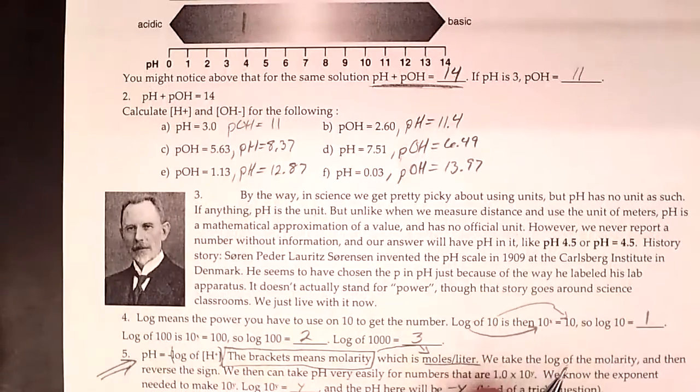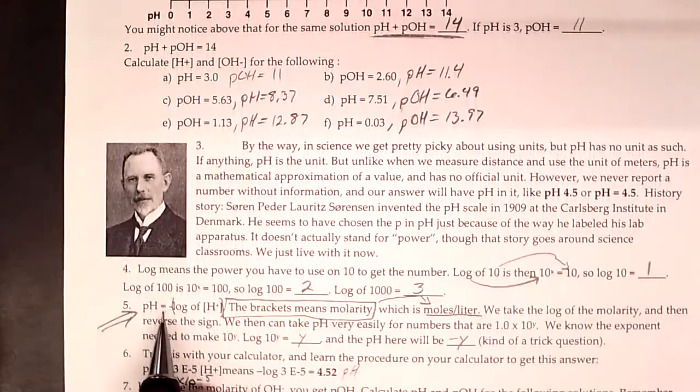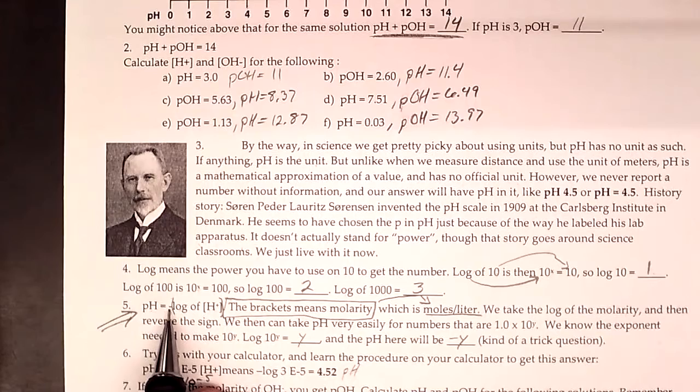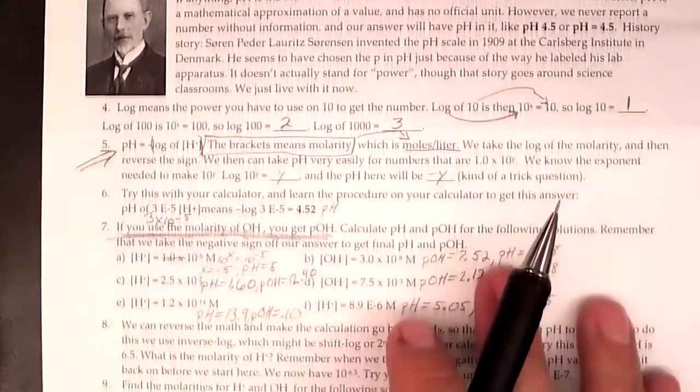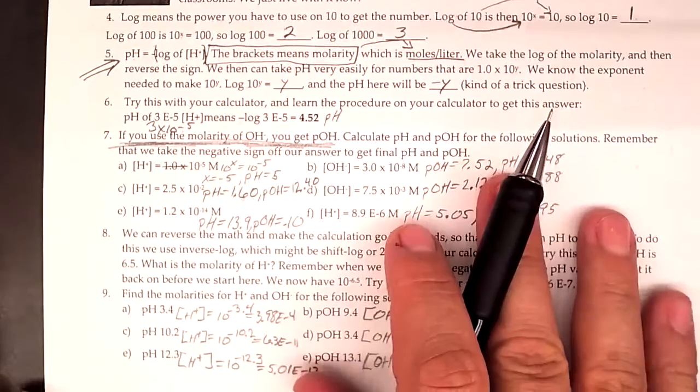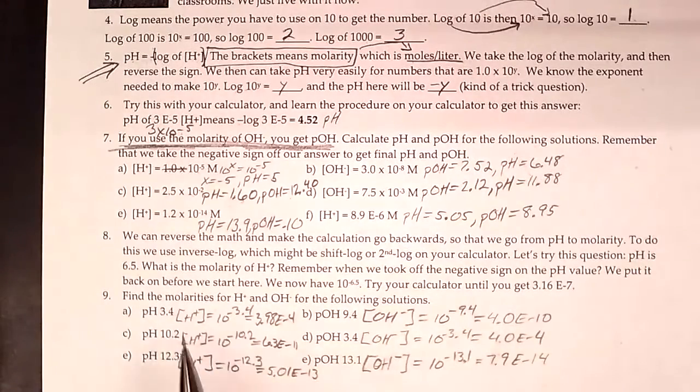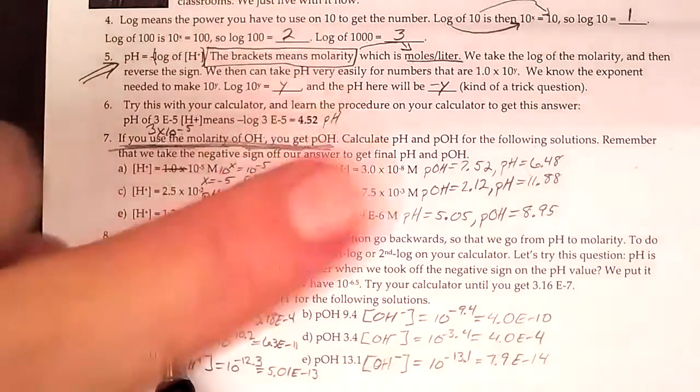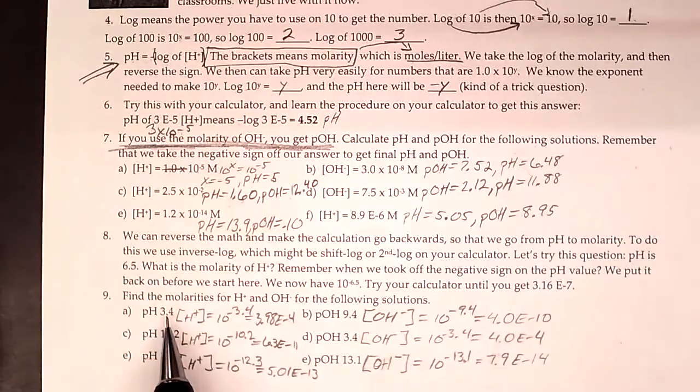We found the exponent on 10 with the calculator, except then we also changed the sign when we got it. So if we want to run this backwards, what we're going to do is remember that pH is the exponent on 10, except the sign is wrong. And you have to change it first, or you end up with the wrong answer.